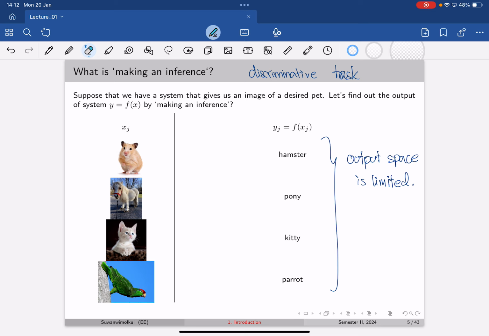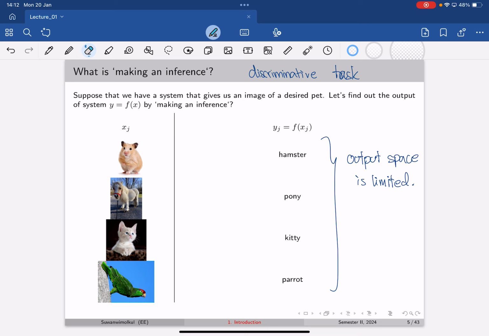Another task that we also call discriminative in this course is a regression task. Regression is discriminative even though the output may not be a class. It's because usually we want the model to provide a value within a range, let's say 0 to 1. So it's still limited within a range of values.